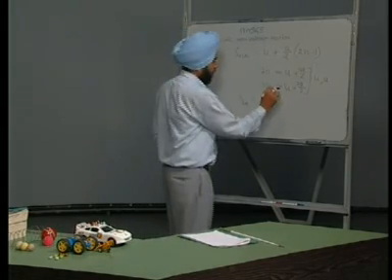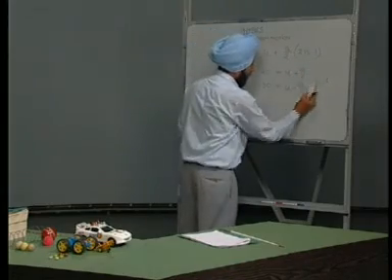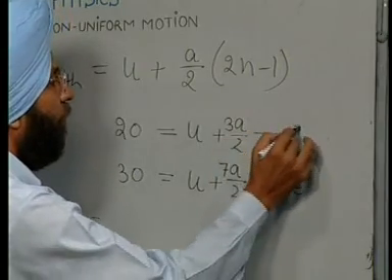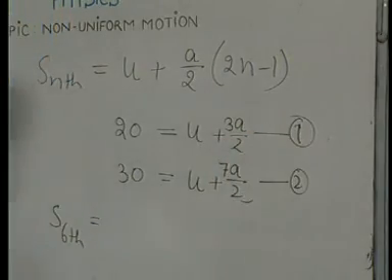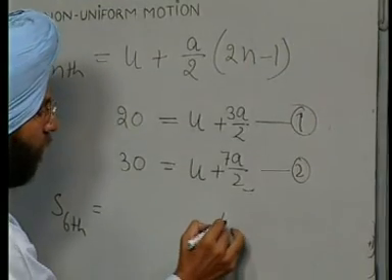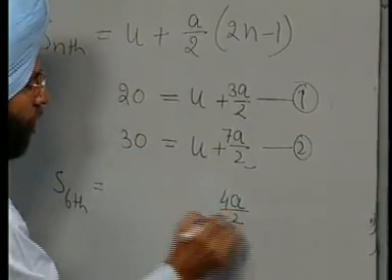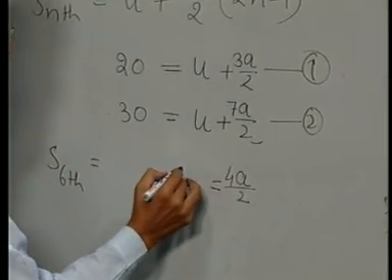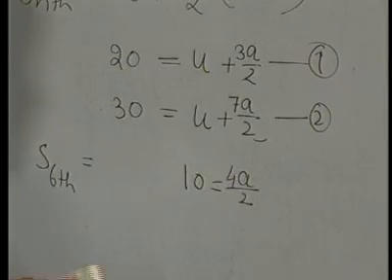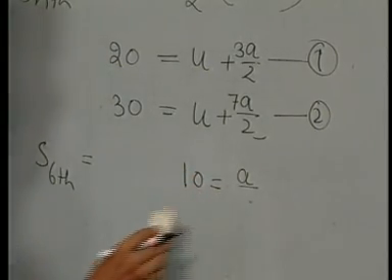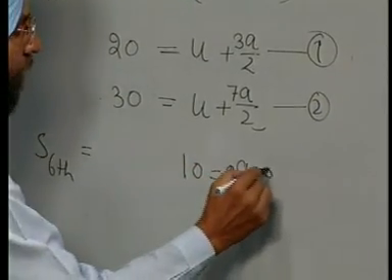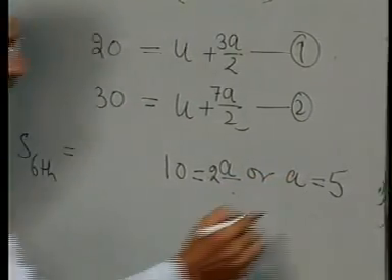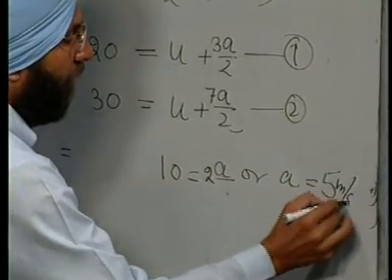If we subtract equation number 1 from equation number 2, then on this side we have 4 a by 2 is equal to 30 minus 20, 10. So, 2 a is equal to 10, or a is equal to 5 meter per second square.